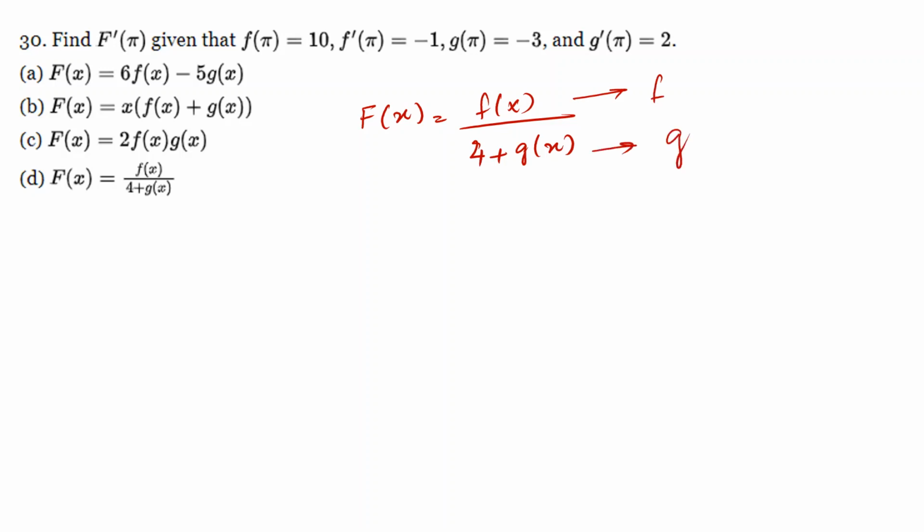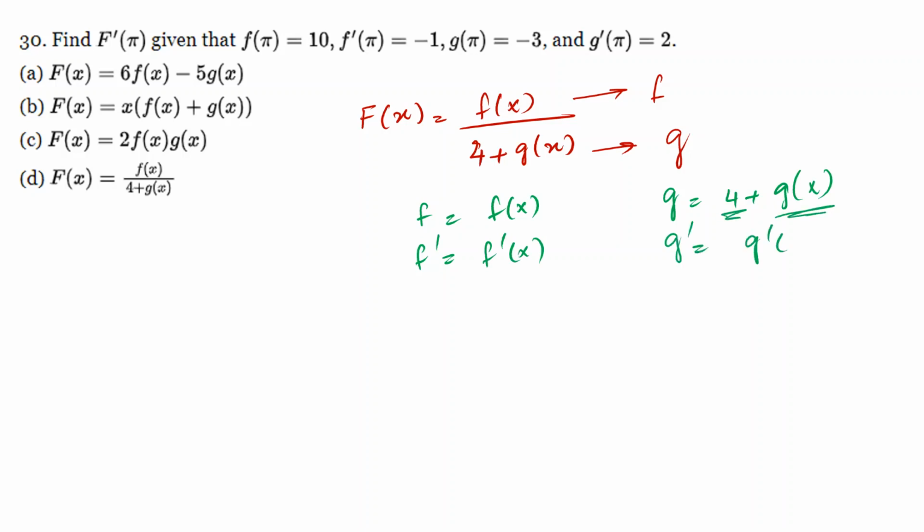So f is what? f of x, right? And g is what? 4 plus g of x. Take the derivative. Derivative of f of x is f prime of x. Derivative of 4 is 0 and derivative of g of x is g prime of x.